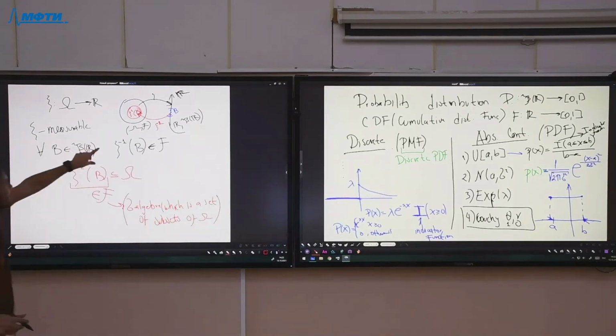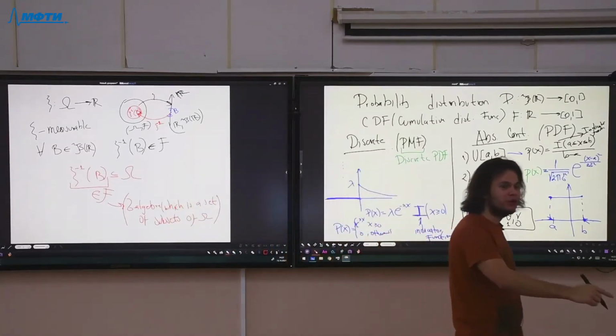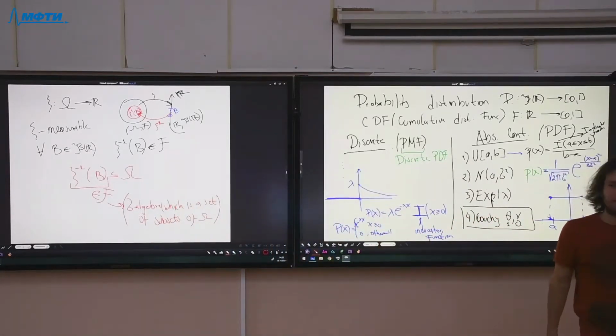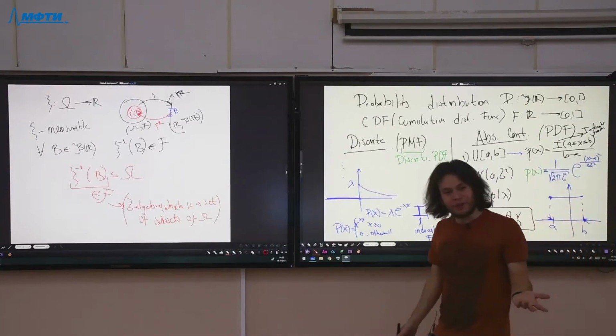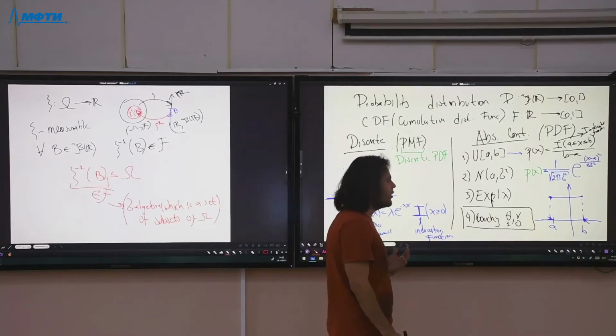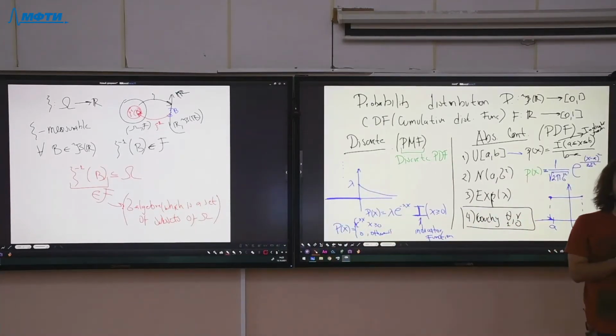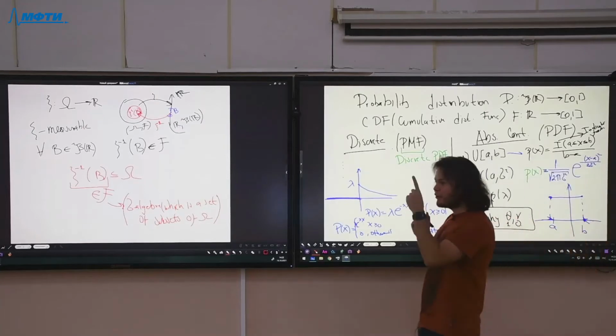If this is true for every b, for every Borel set, then this function is called measurable. So it means that not every function is measurable, right? If we are talking about the discrete distribution, every function is measurable.